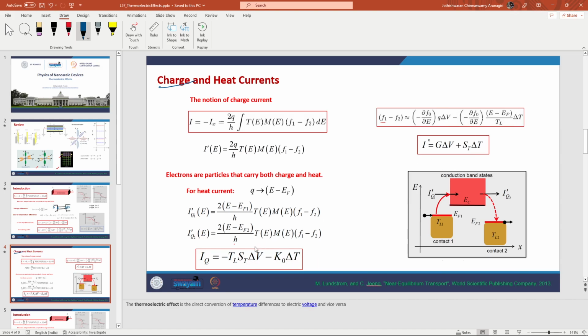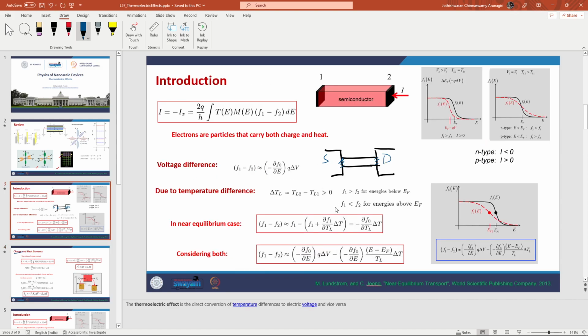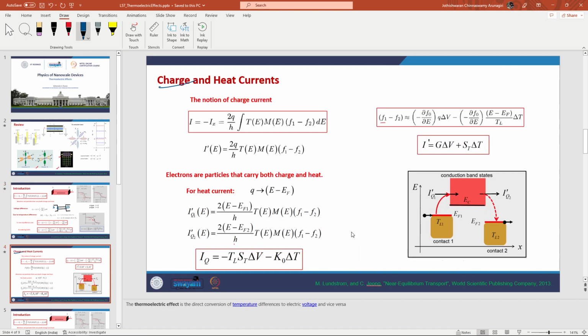As you can see, ST is common to both of these. Again, I will tell you the names of these coefficients as and when we get there. So the heat current can increase or decrease with respect to the temperature difference and the voltage difference by the same reasoning that I have described over here for the presence of a temperature difference even when only an external voltage is applied.